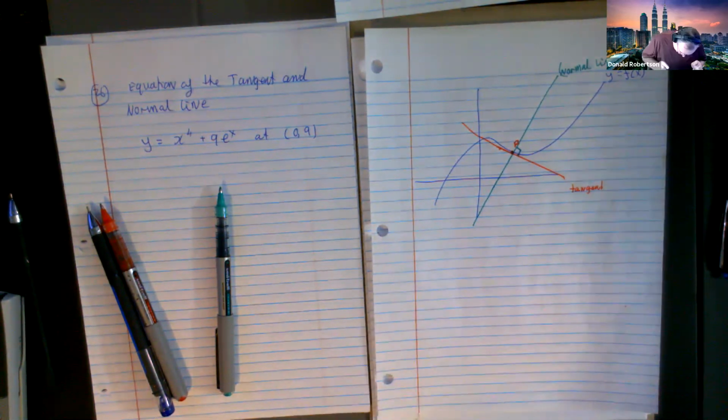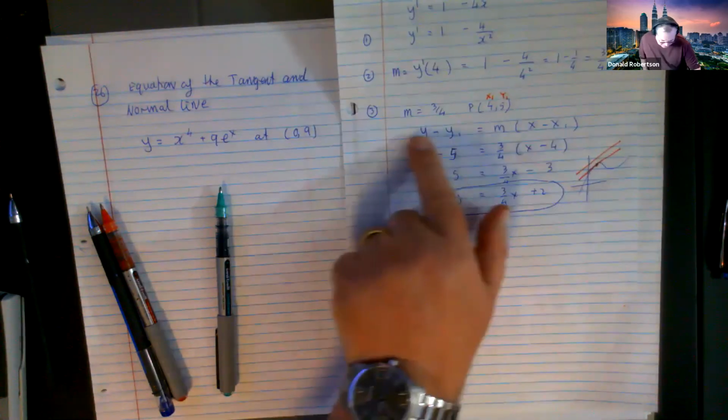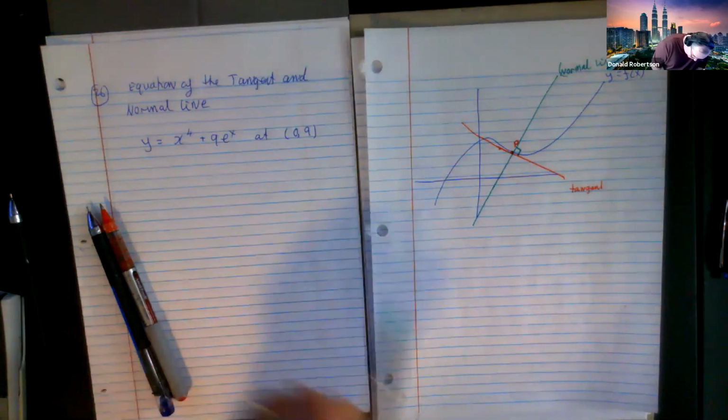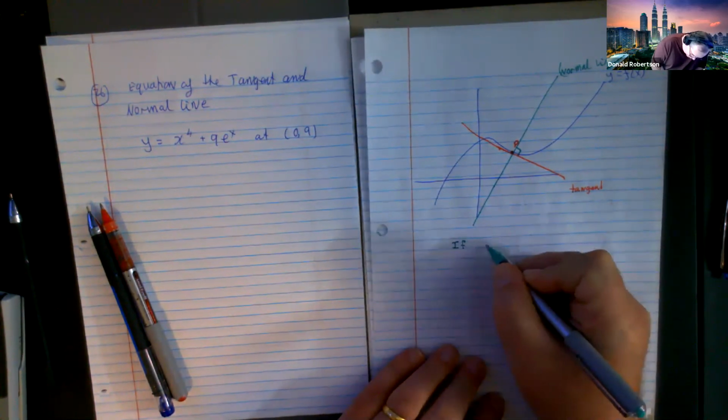So how do we find the equation of a normal line? Well, what we really should be asking is, how do we find the slope of the normal line? Because if I know what its slope is, I already know the coordinates, and I can just use this guy again. Which means I'm going to have to tell you a little property that you may or may not know. So here it is.